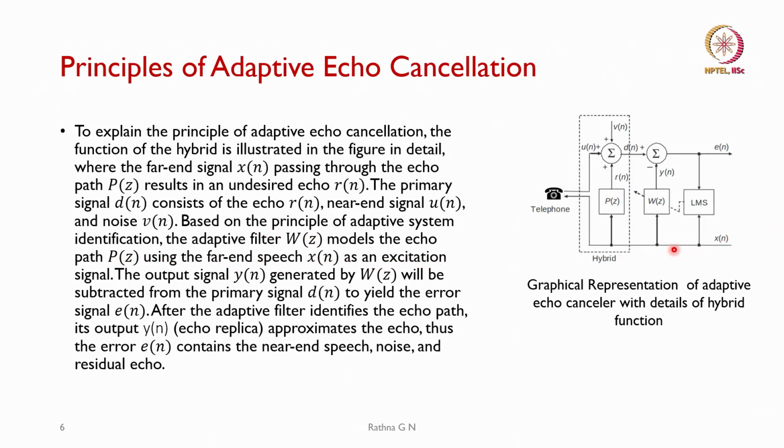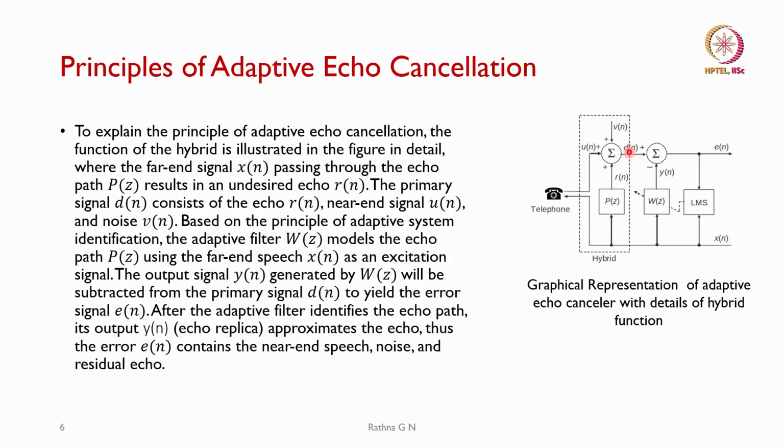So it is modeling P of z based on x of n, and the output signal y of n generated by this W of z will be subtracted from the primary signal d of n.